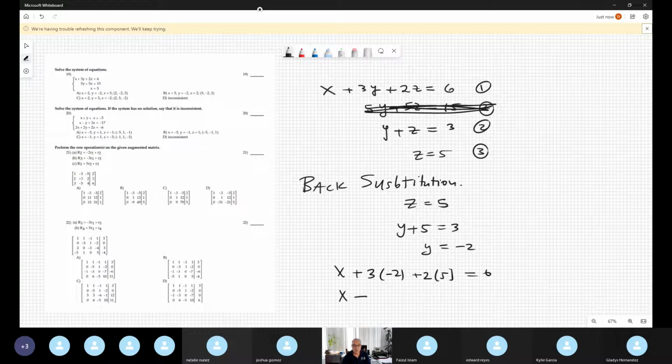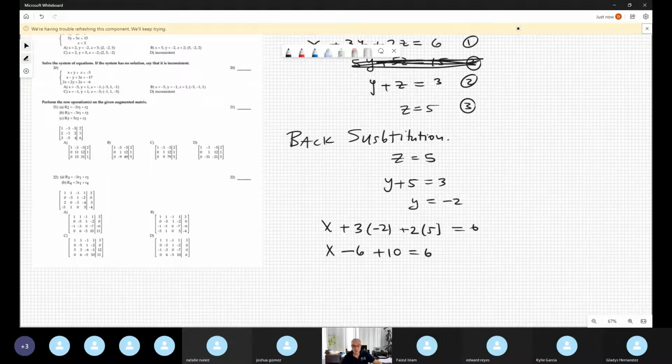This is minus 6, this is 10, equals 6. And 10 minus 6 is 4. Entonces we have x plus 4 equals 6. x is equal to 6 minus 4, which is 2. The solution then is the ordered triple (2, -2, 5), like option A here. Cool. Super clear?